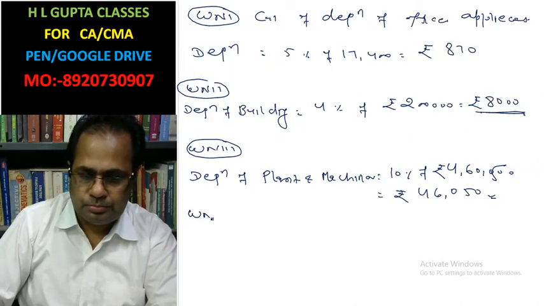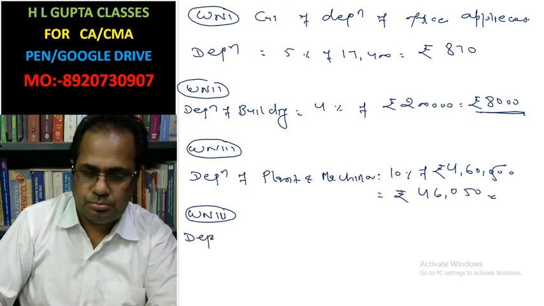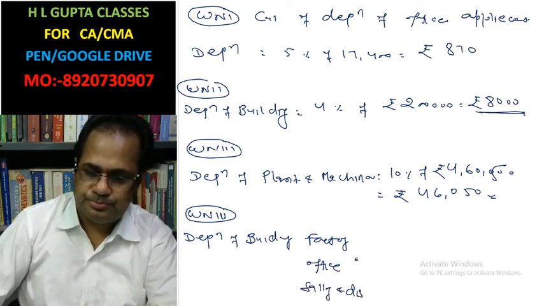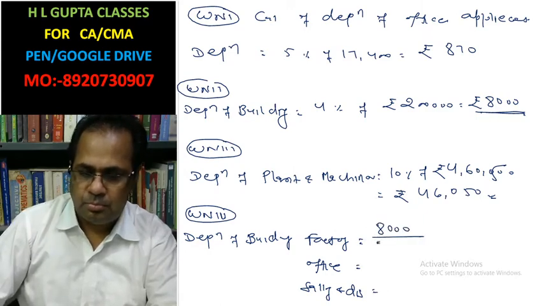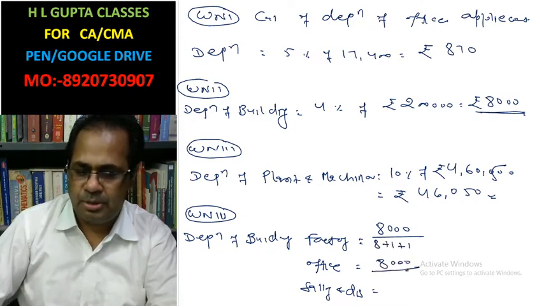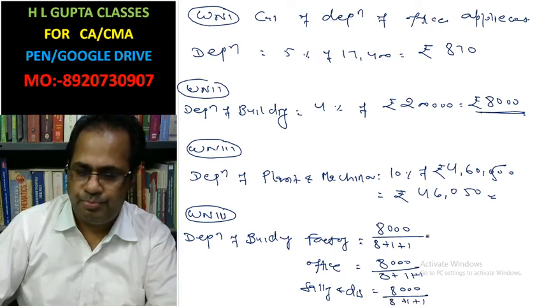Working note 4, depreciation of building: factory, office, selling and distribution. This is 8,000 divided by 8 plus 1 plus 1, multiplied by the ratio.